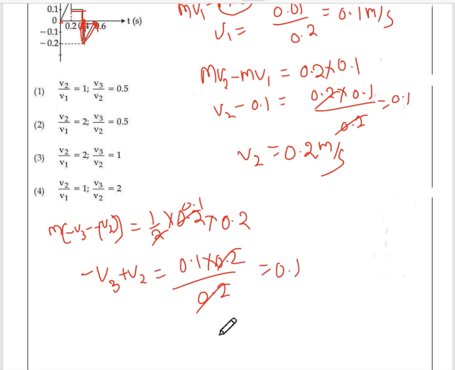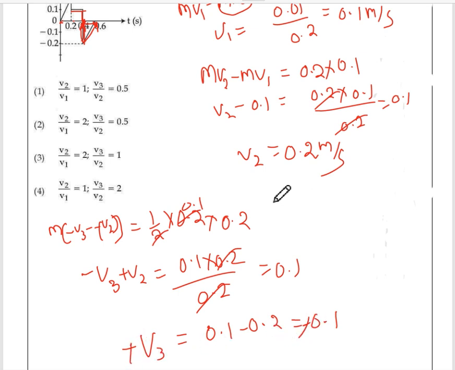So this v2 will go to the right side and be subtracted. V3, which is in the minus form because it is downward, gives 0.1 minus 0.02, which is minus 0.1. The minus gets cancelled, so 0.1.